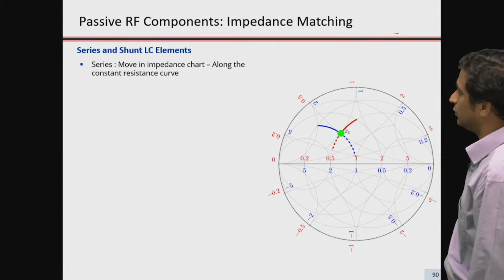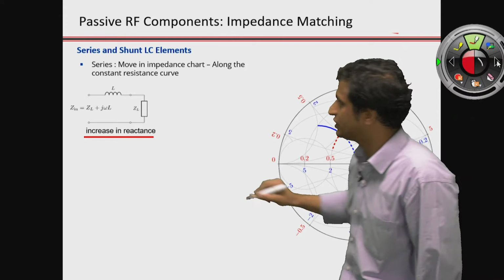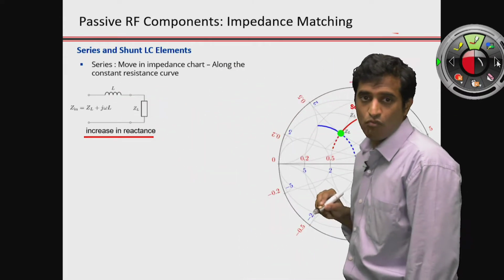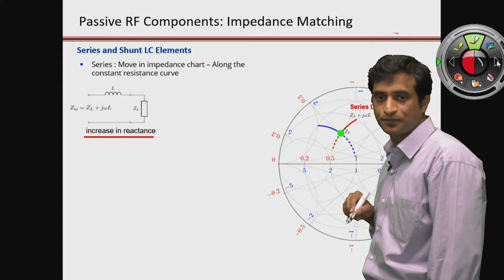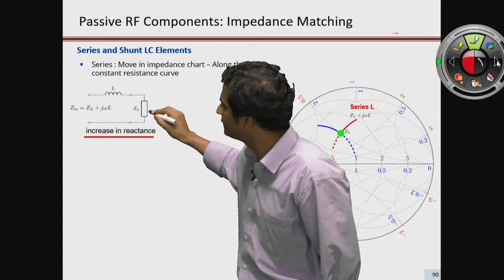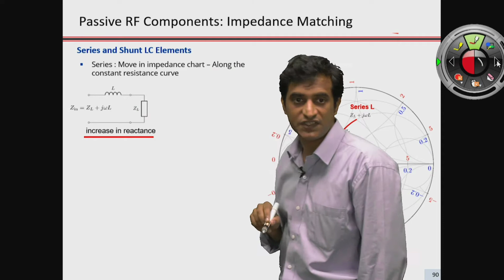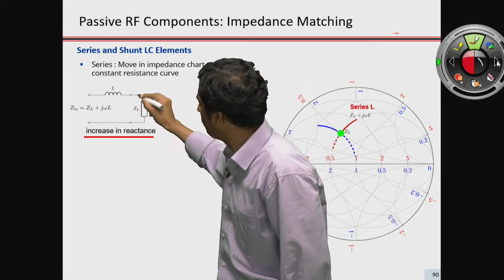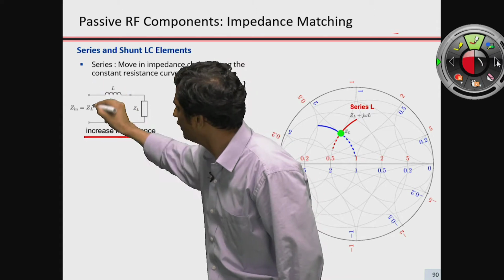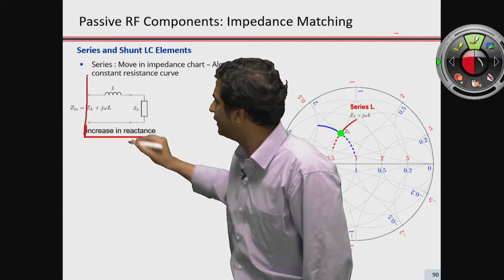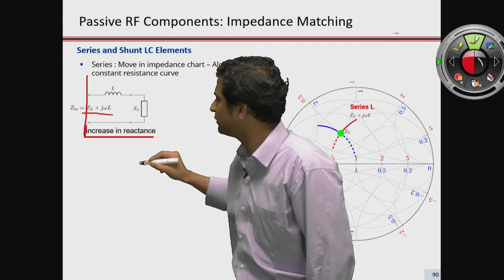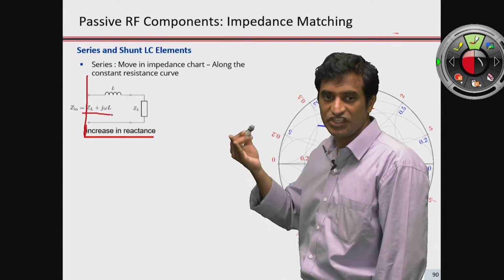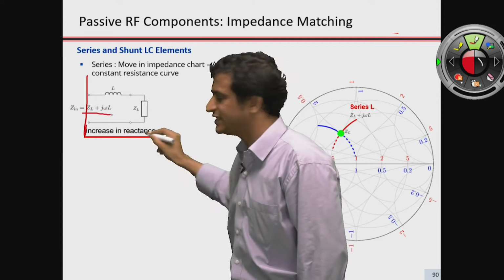Let us take first, how does an inductor connected in series move in the Smith chart? We have a certain load impedance. When we connect an inductor in series, all we are essentially doing is adding the two impedances, and the looking-in impedance at this point is given by this expression, where we can clearly see that the reactance is increasing.